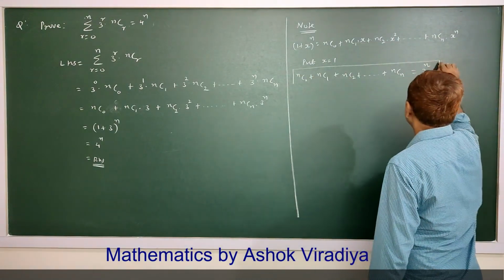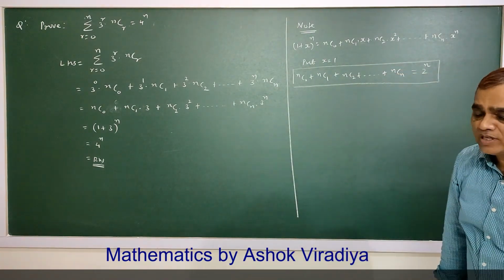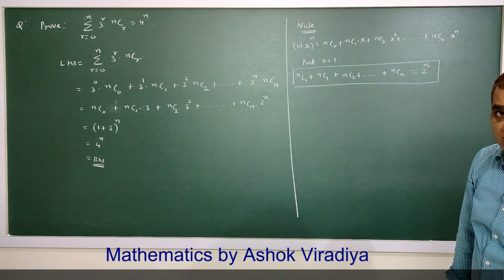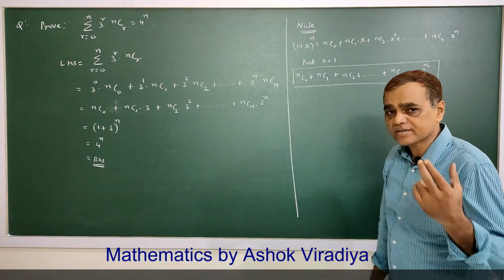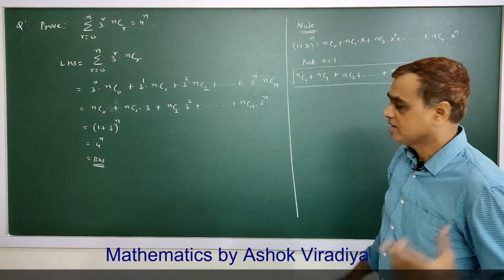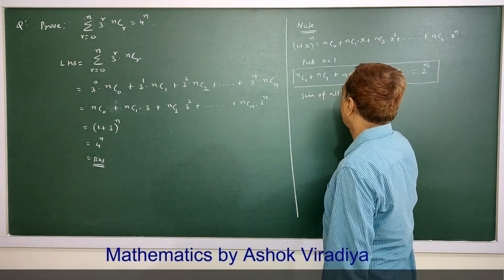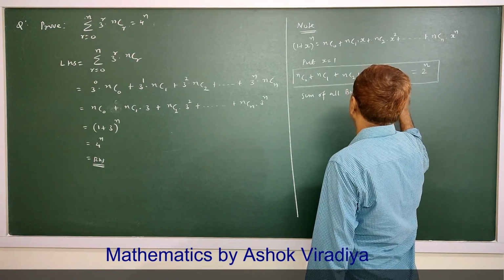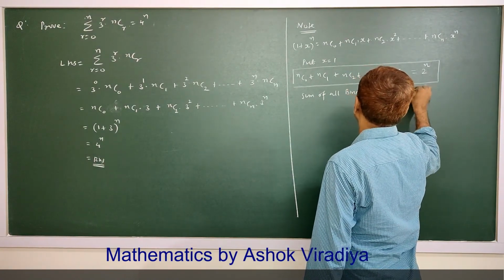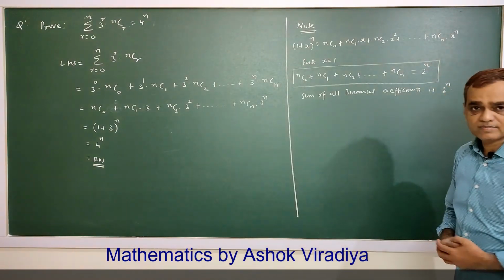So this is said to be the sum of all the binomial coefficients. Sum of all coefficients which appear in the binomial theorem. That is, the sum of all binomial coefficients is 2 raised to n.